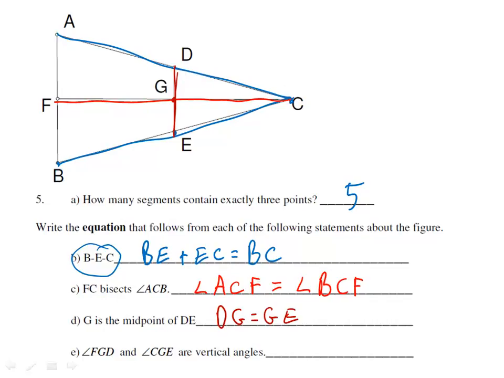Alright, angle FGD and angle CGE are vertical angles. Well, vertical angles, what do you know about them? They're equal. So you would say angle FGD equals angle CGE.